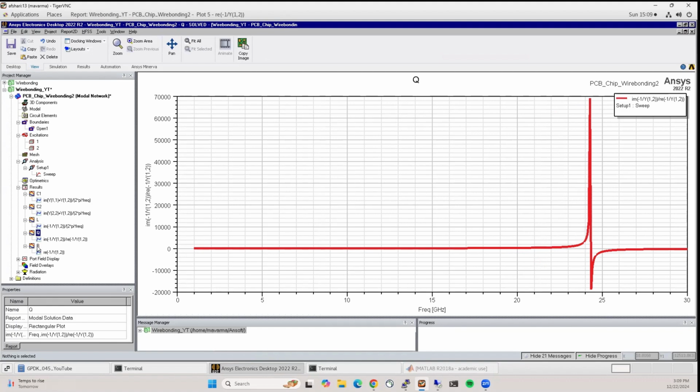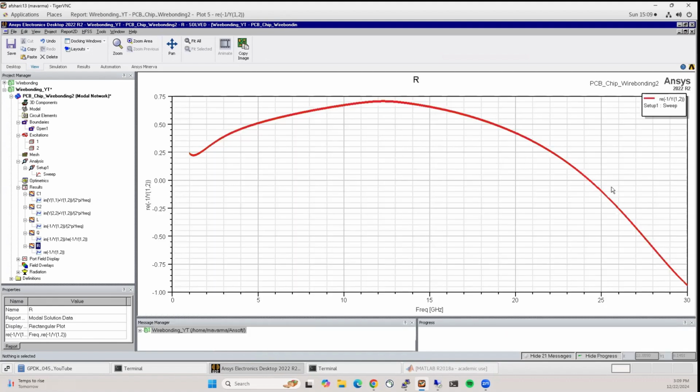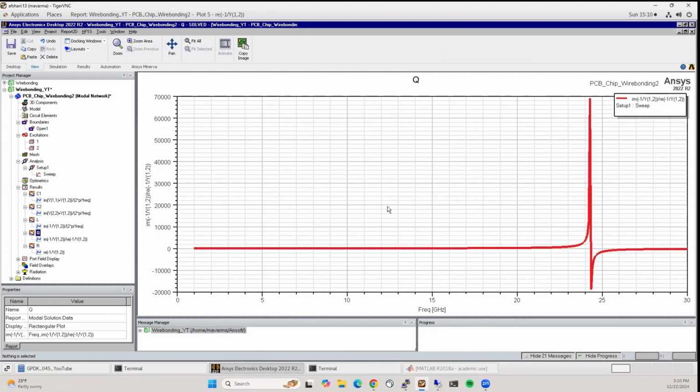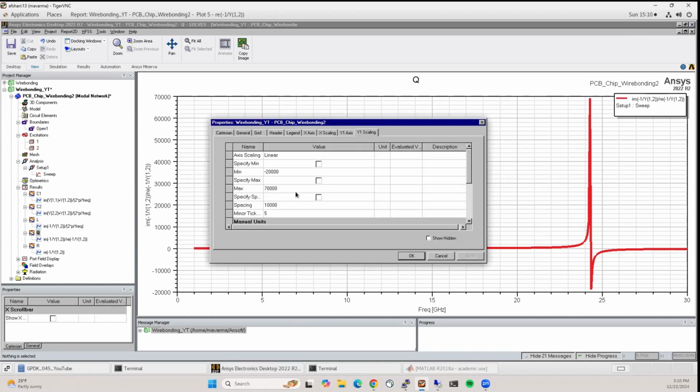Q, there is some resonance going on here, and that's because the R value went to 0 there, right? So that's not very reliable. The resistance should actually grow with frequency because, if you assume inductance is constant, it's omega L. Sorry, so resistance should grow with frequency because of the skin effect, right? And that's why we see that. So what we can do is we can change the scaling on this to 0 to 1,000.